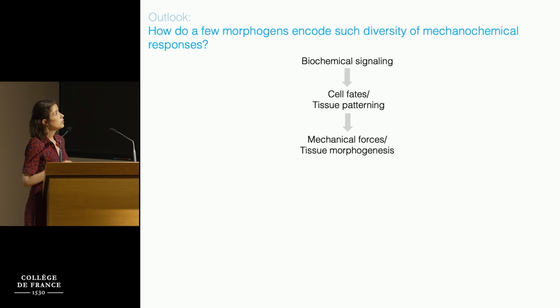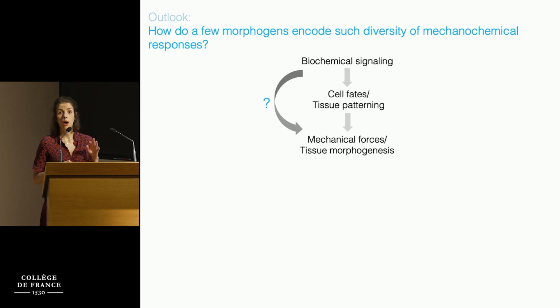And of course, we used to have, perhaps all of us in our mind, this linear model where signaling makes fates that come endowed with some mechanical properties that organize morphogenesis. However, our preliminary data already supports that there is a much more direct link between nodal signaling and controlling mechanics, and it's not just nodal itself, but also the dynamics of signaling that is important. So we're very interested in exploring that further.